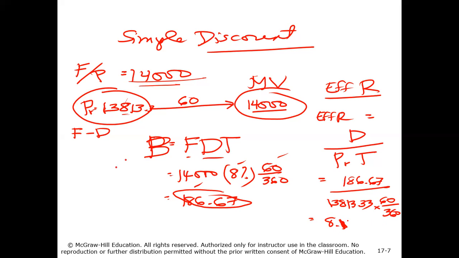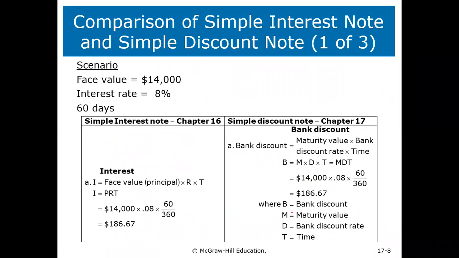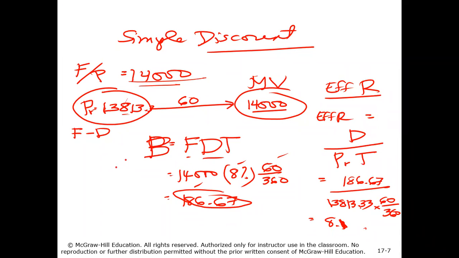Round it off to two decimal places. In percentage, it's 8.1, add one more decimal place. So 8.11, rounded off. 8.11%. Correct, guys?